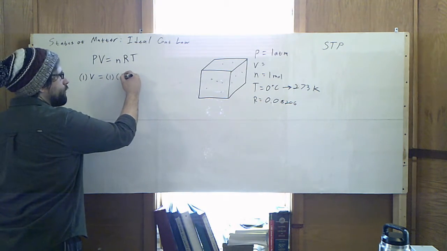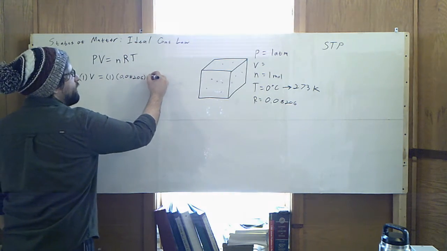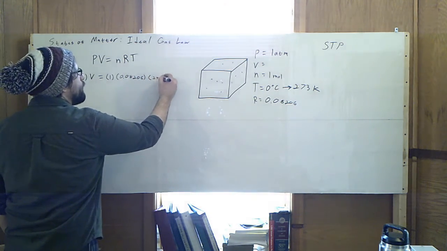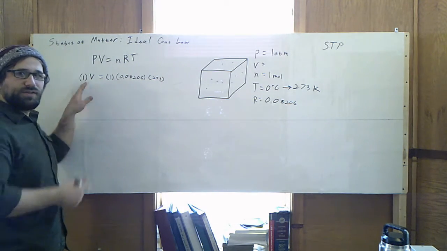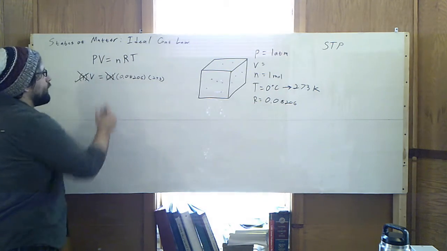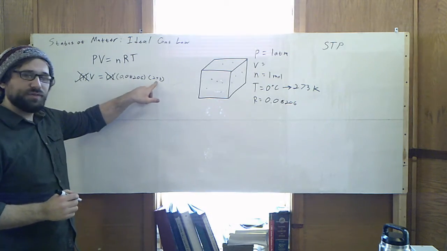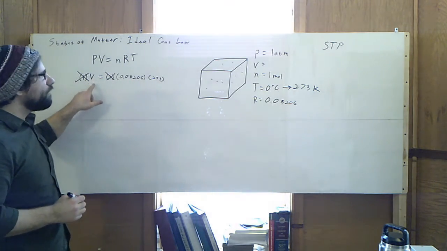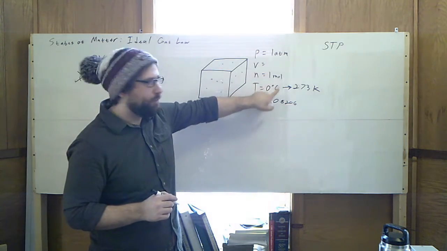R is going to be 0.08206. And temperature is 273. Our 1s, anything times 1 is just itself. So the 1s will just drop out.